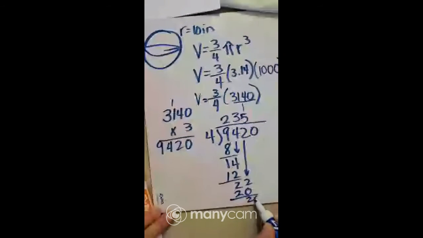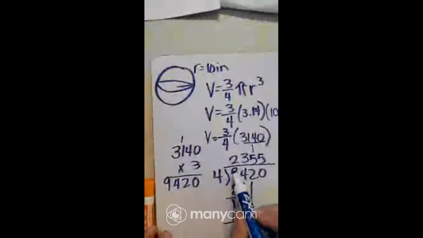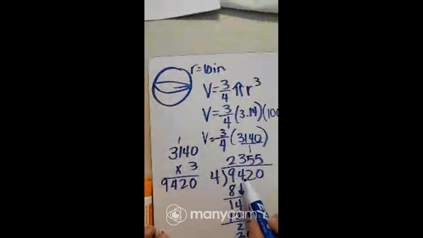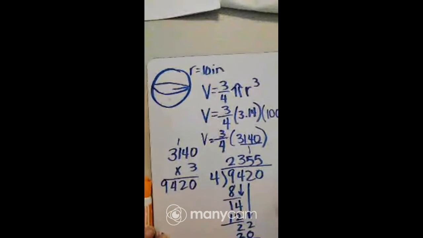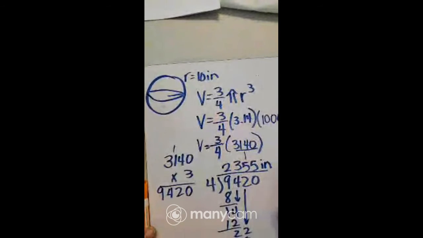And again, I have a final 20 there. That'll be another 5. Okay. So now I have 2,355. What is it labeled? It's inches. And they are cubed because this is volume. And I multiplied inches times inches times inches, and I got inches cubed.